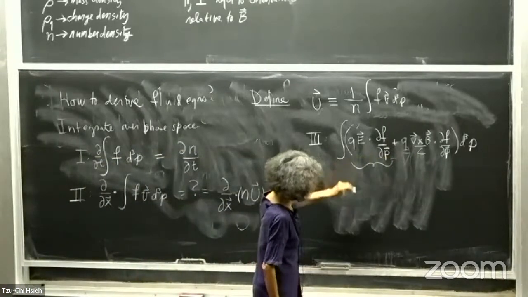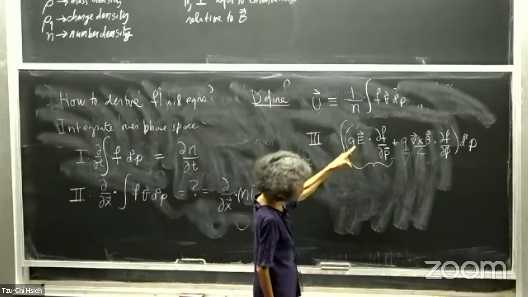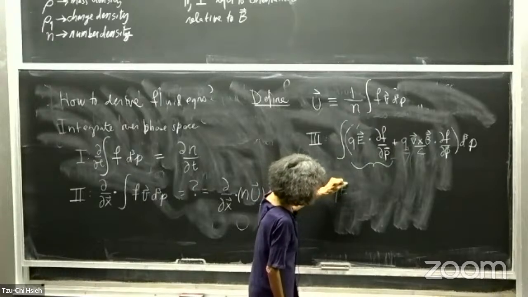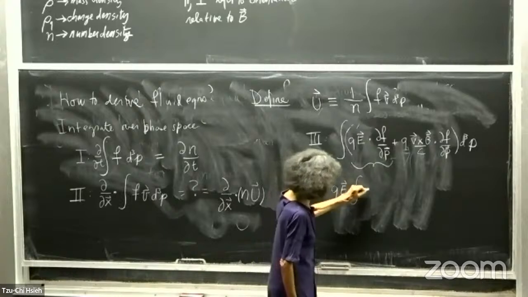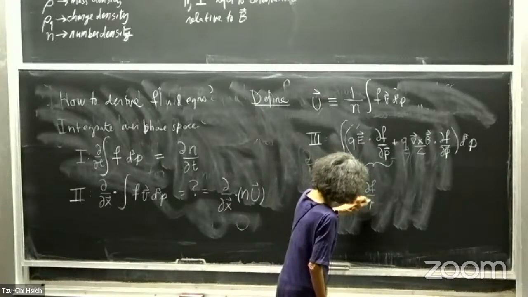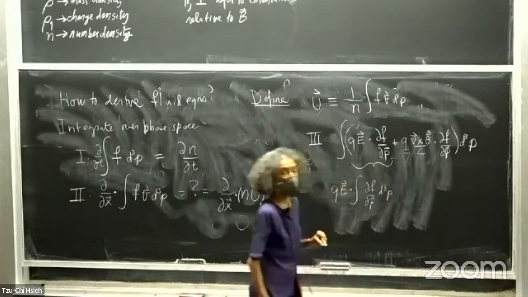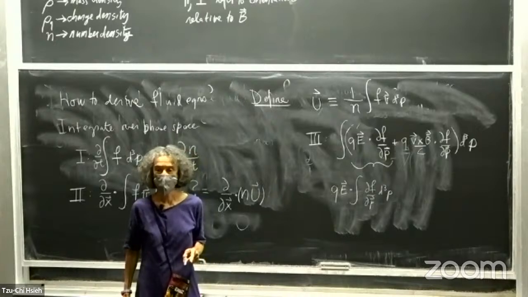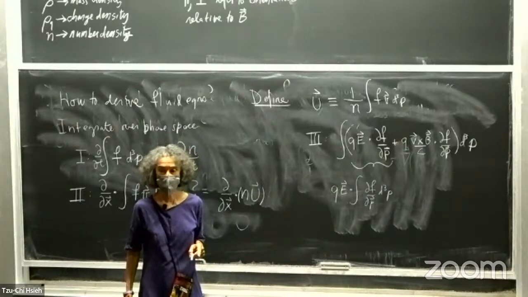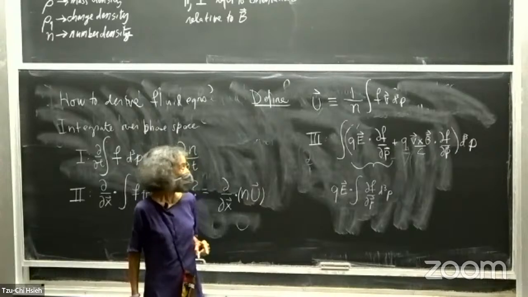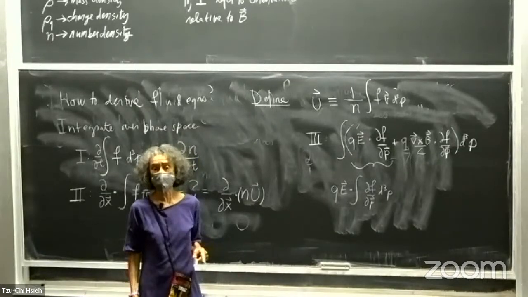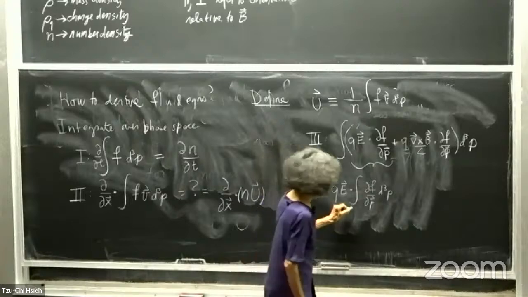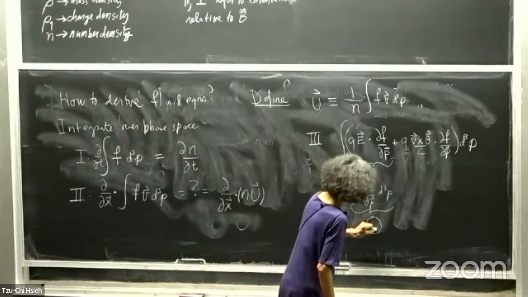Let's just look at this part. Since E is independent of p, and of course so is q, I can write that as E dotted with the integral of df dp d3p. And what is this? It's f at the boundaries. And I can choose my boundary so that it's 0. This is an exact differential. So this is 0.